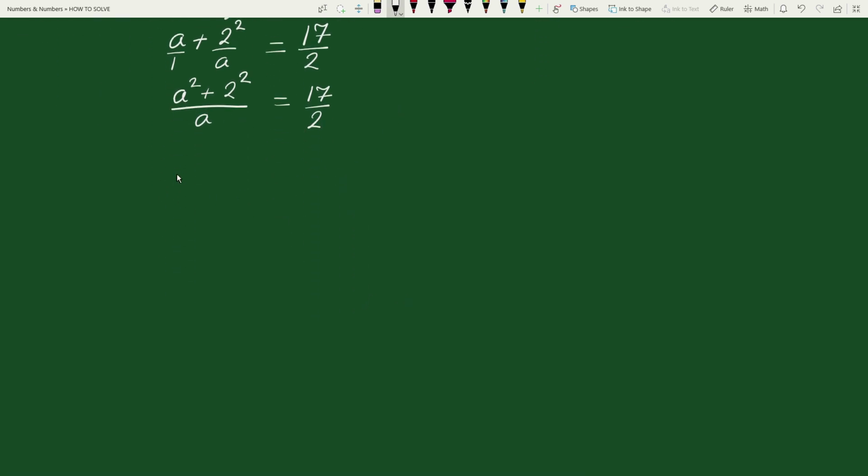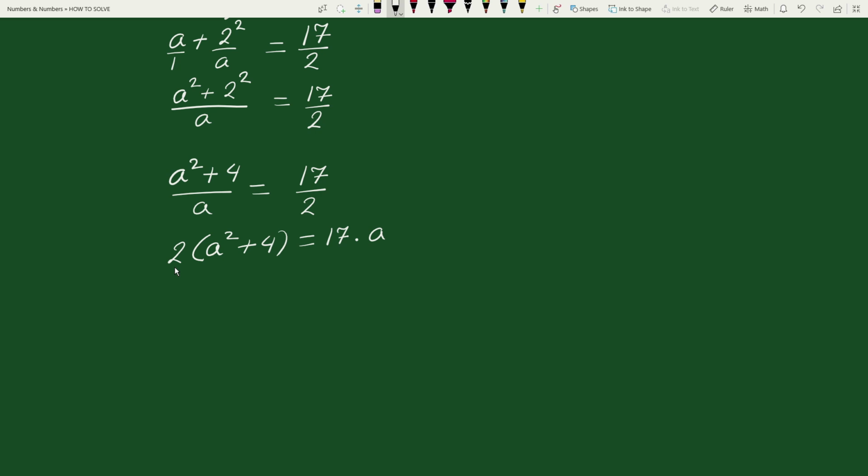This equals a square plus 2 square, which is 4, by a equals 17 by 2. Now by cross multiplying we get 2 times a square plus 4 equals 17 times a.